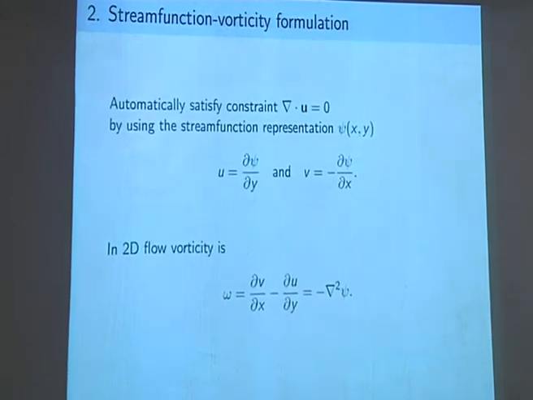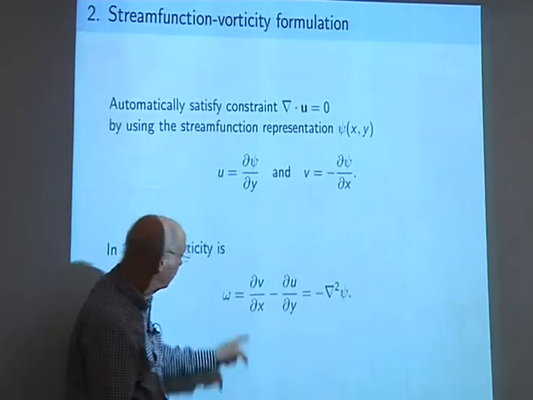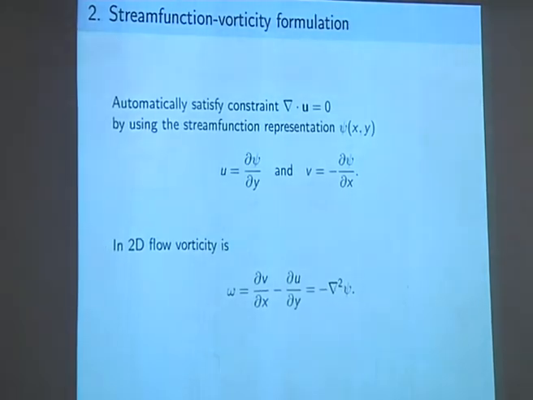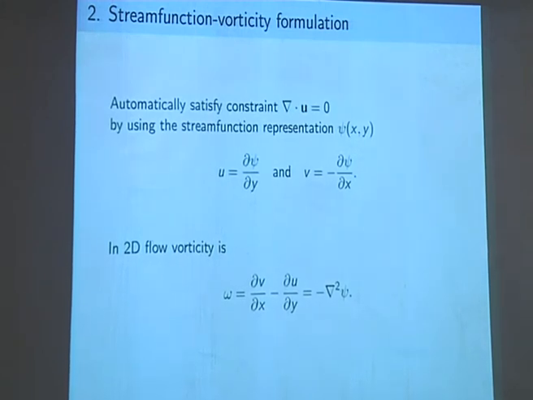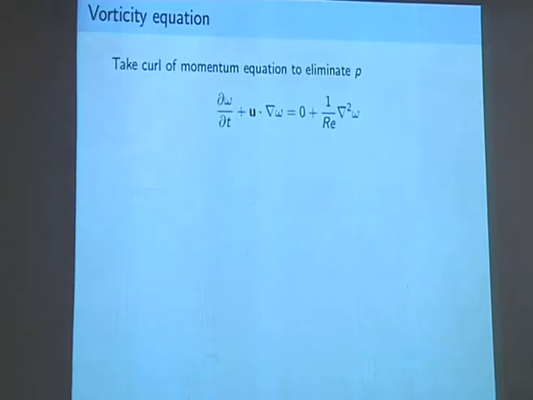So I've got the Laplacian del squared of psi. So the vorticity is minus del squared psi. So we have a Poisson equation, and we shall solve that at the end of the morning.